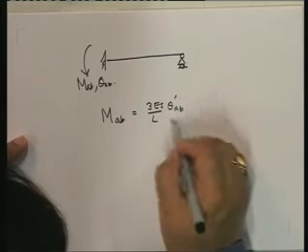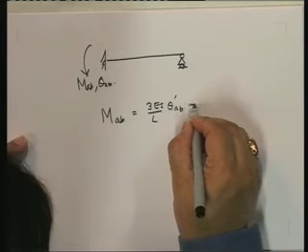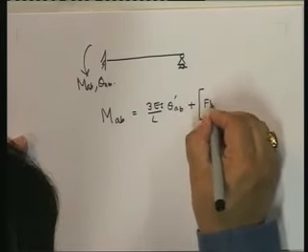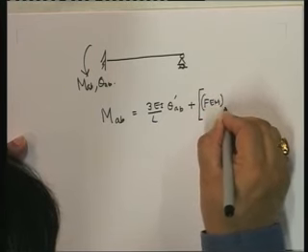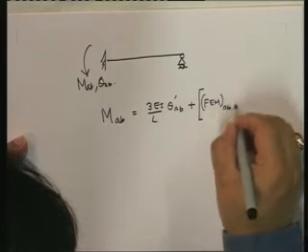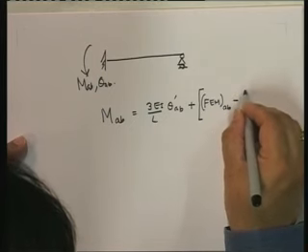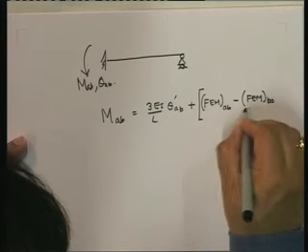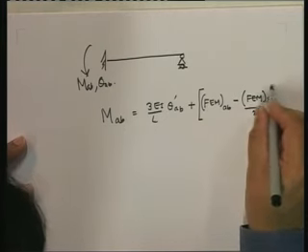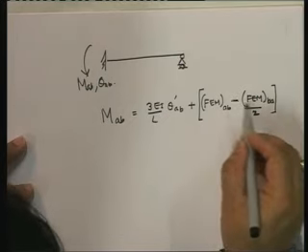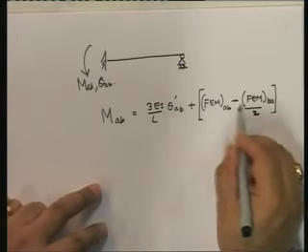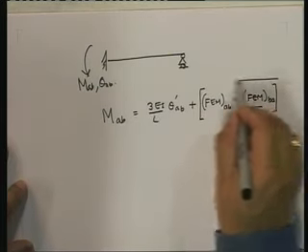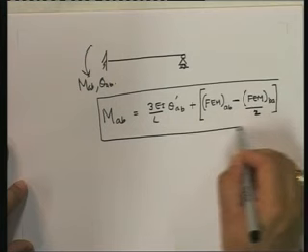Now this is where you take it from the chord plus, and here I'm going to write down the expression for the fixed case. These are the fixed end moments from the fixed case. And this is algebraic. Okay, so if the sign of BA is different from AB, it becomes positive. Okay, so this becomes my new equation.